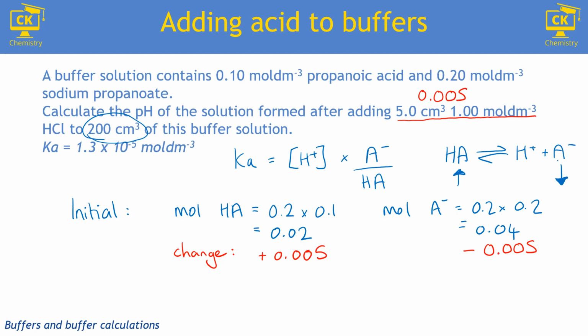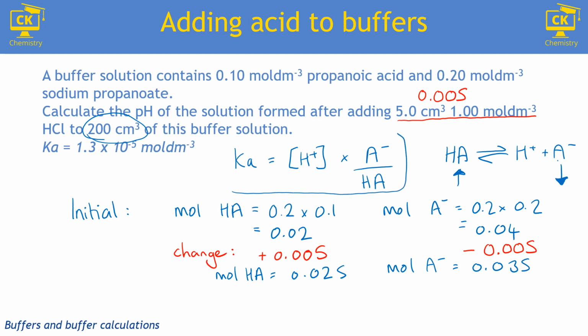It's always going to be the same amount that one goes up and the other goes down. So the new moles of HA is going to be 0.025, and the new moles of A- is going to be 0.035.